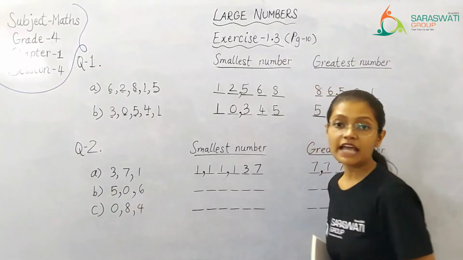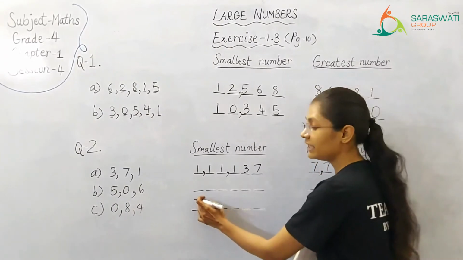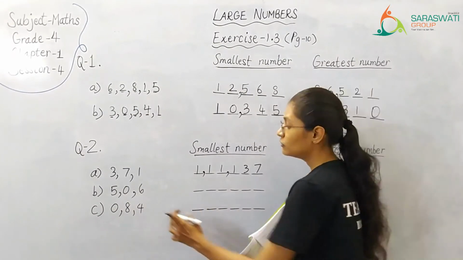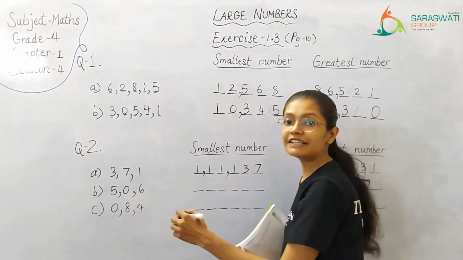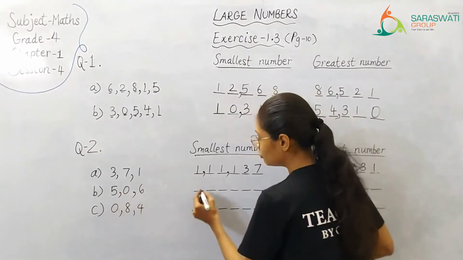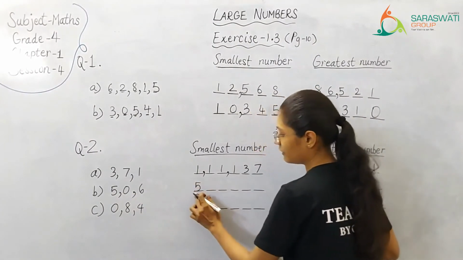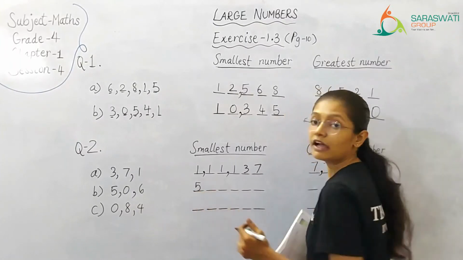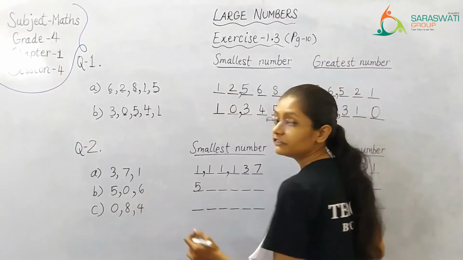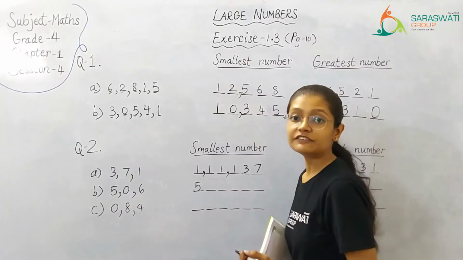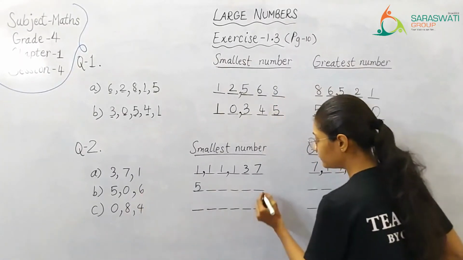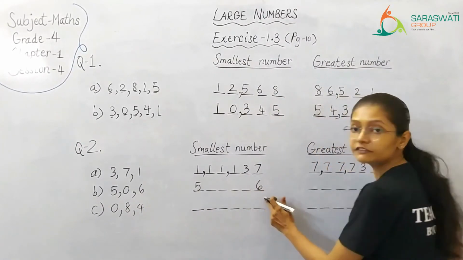Then in the next question, we have these 3 digits. So we know that we cannot write 0 in the extreme left. So after 0, which is the next smallest digit, 5. So we will write 5 over here in the extreme left. And 6, since we have to use each digit at least once. So we will write 6 over here in the ones place.